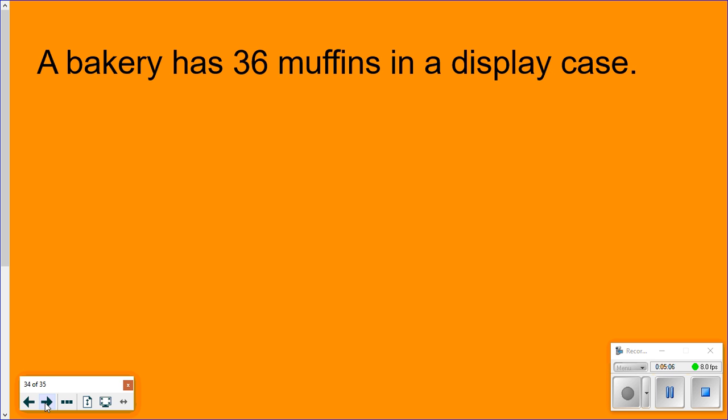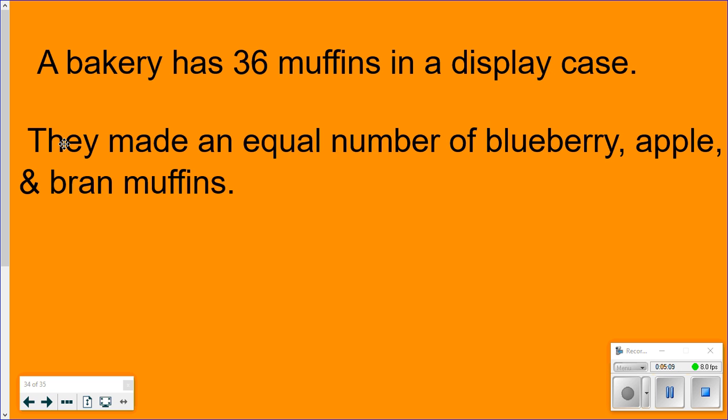They made an equal number of blueberry muffins, apple muffins, and bran muffins. Bran is like a muffin flavor, though there's no real flavor to it. Like raisin bran. I like banana nut. Okay.